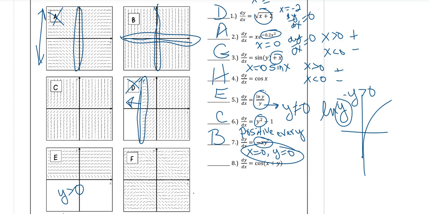And then that leaves us, the last one is cosine of x plus y, which is going to be letter F. What you want to notice here is if you just let x equal 0, you get cosine of y.